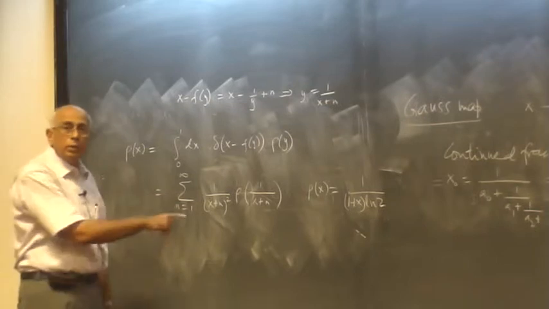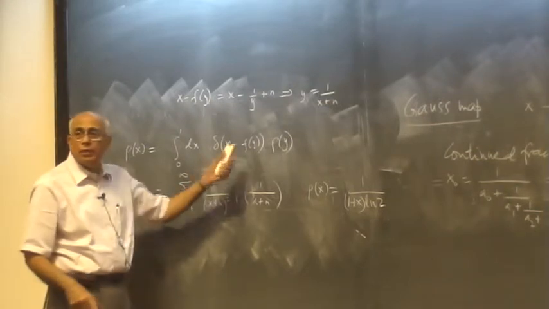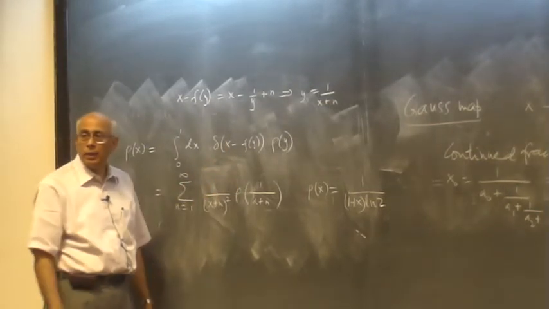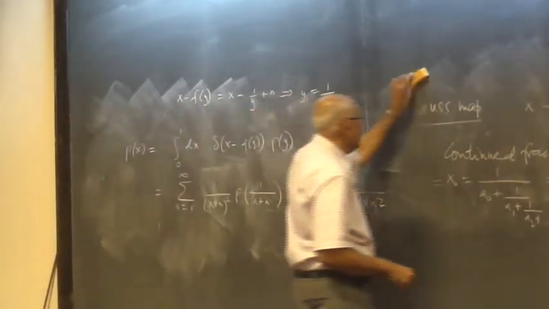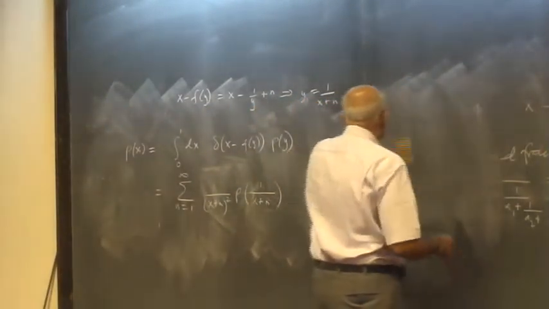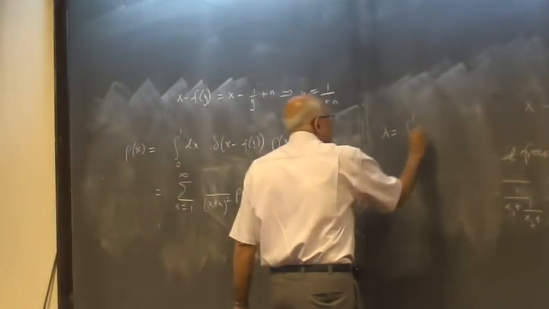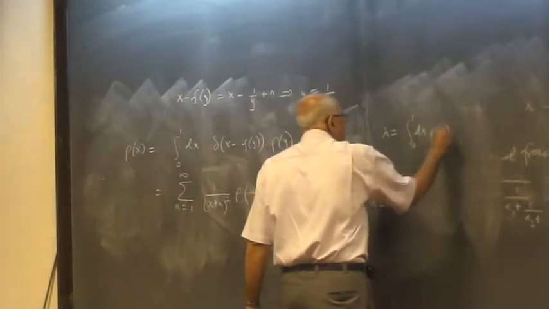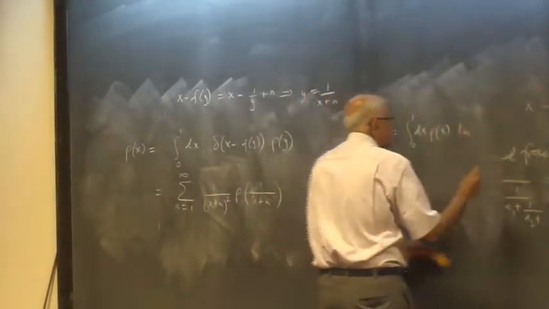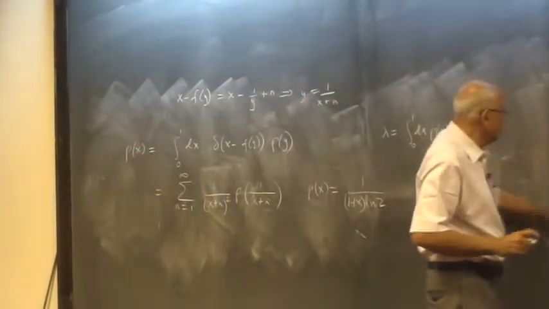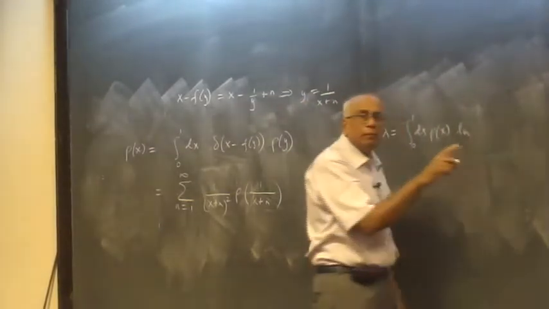Exercise. Use this rho of x and use the form of this function, 1 over x, etc., to show that the Lyapunov exponent in this problem, lambda equals the integral from 0 to 1 dx rho of x log modulus f prime of x.